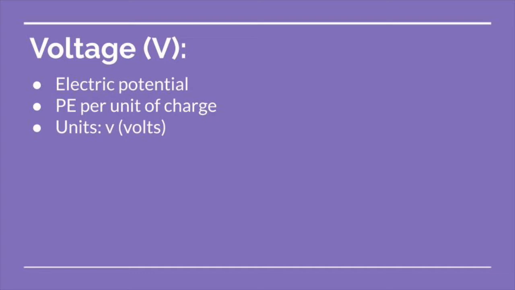Okay. So let's talk about voltage first. Voltage is what we call electric potential, or think about it as the potential energy in each unit of charge. And for voltage, we use the units, as you might have guessed, volts.